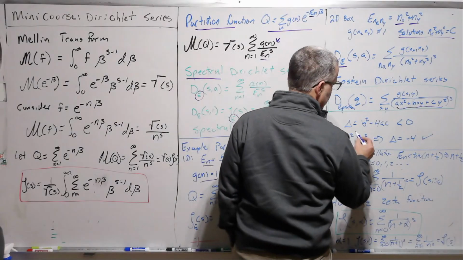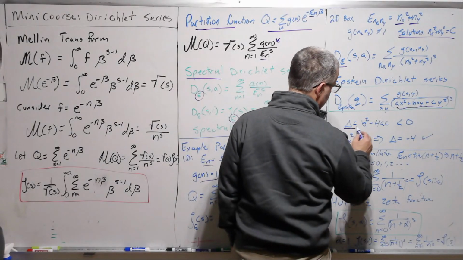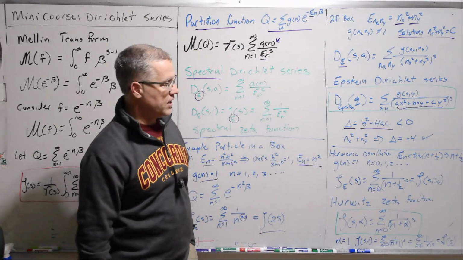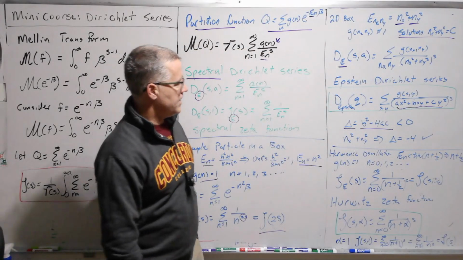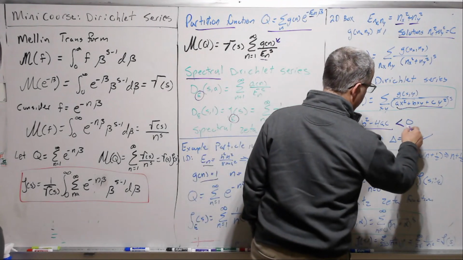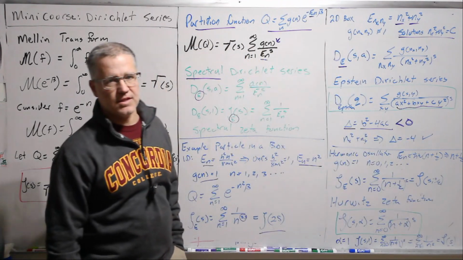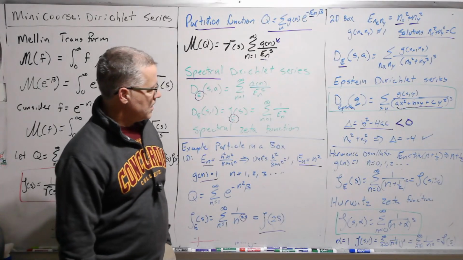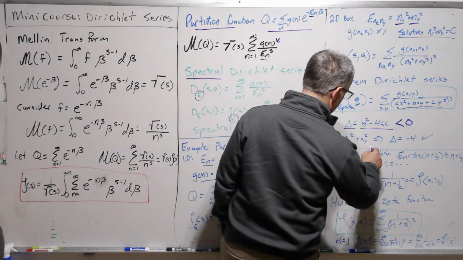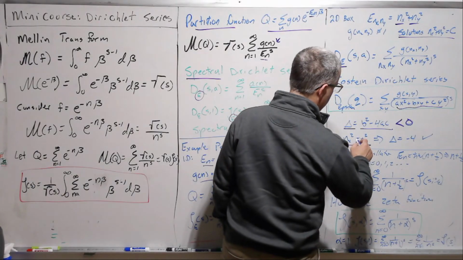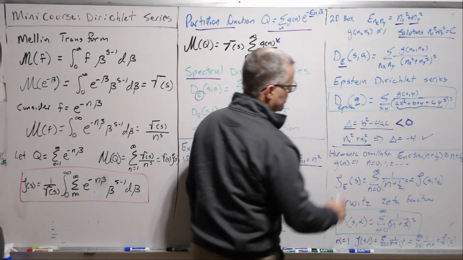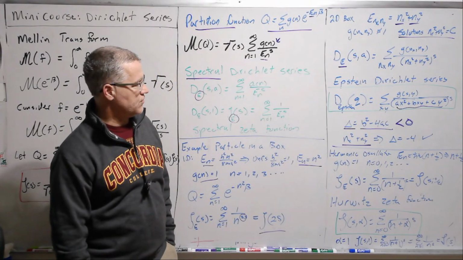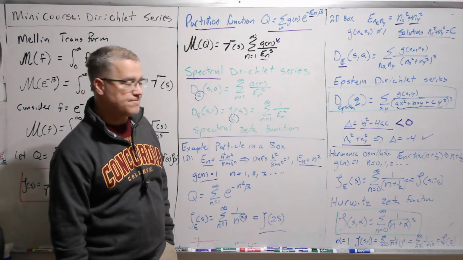This quadratic expression has a discriminant, and it's b squared minus 4ac as normal. And this needs to be negative for the Epstein Dirichlet series. For our case, we have no b term, and a is 1, c is 1, so we have minus 4 there, so that satisfies that.